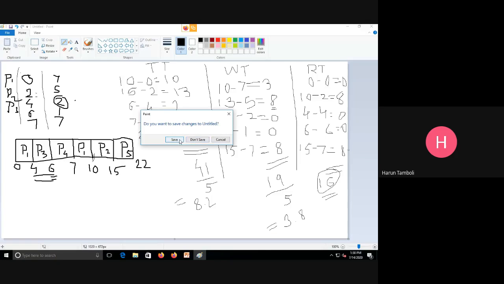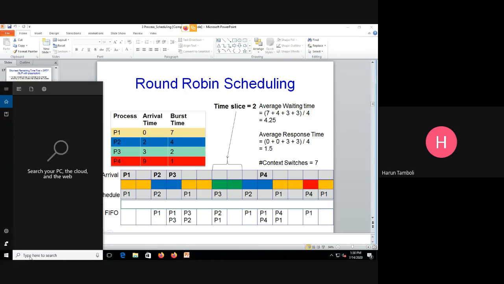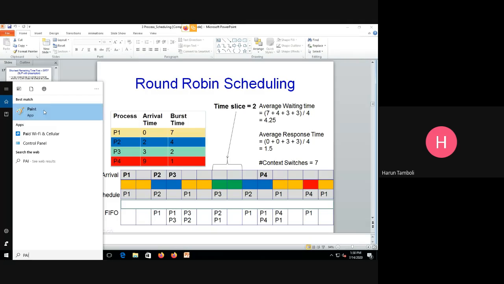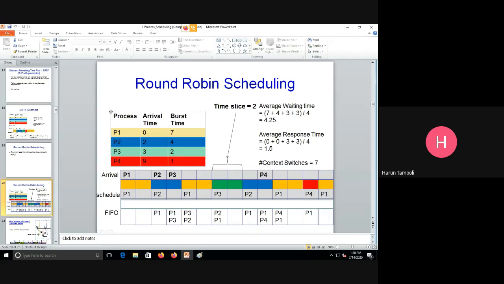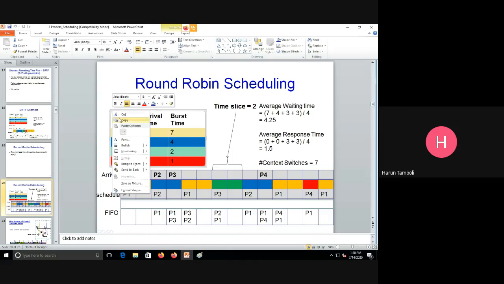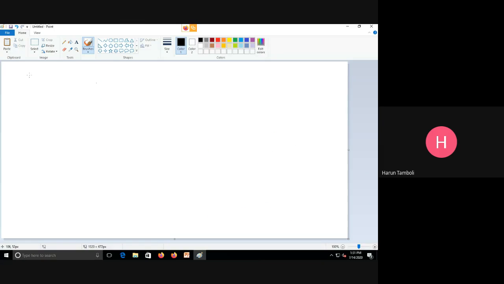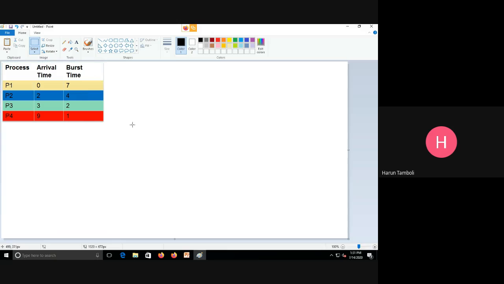We'll take one example. Consider the same example: P1, P2, P3 and P4 with arrival times 0, 2, 3 and 9 and burst times 7, 4, 2, 1.